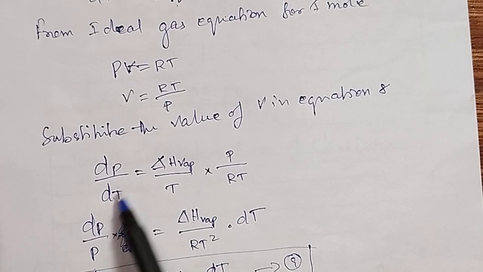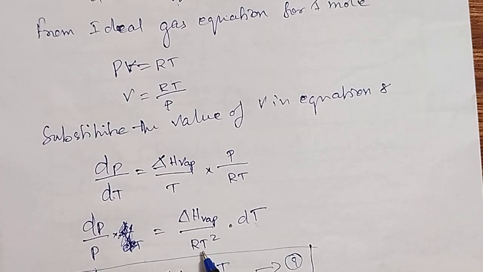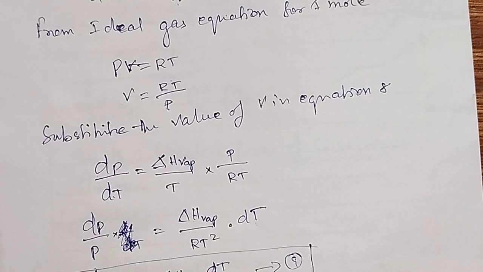I bring this dT here, and therefore dP by P equals delta H by RT square into dT.